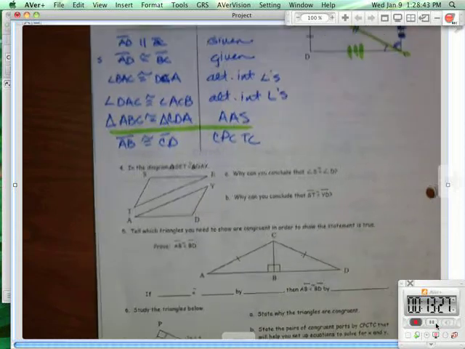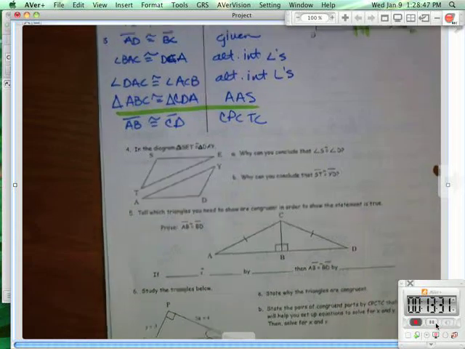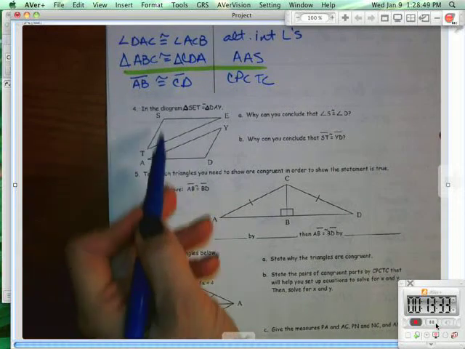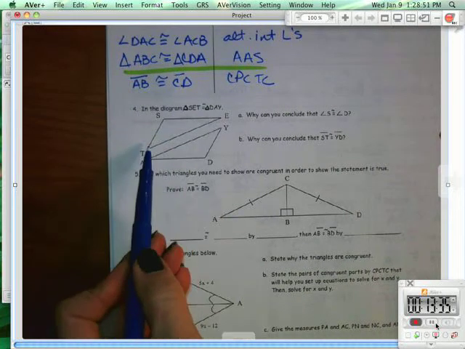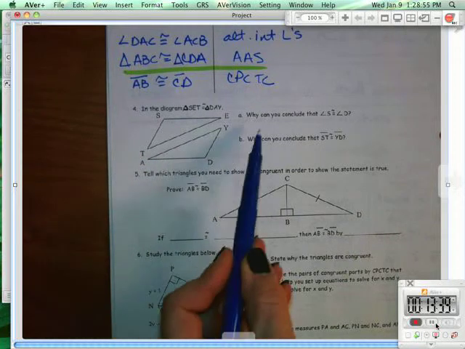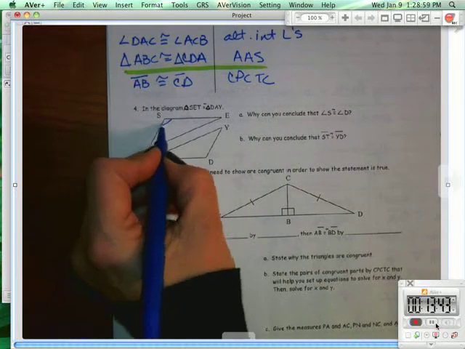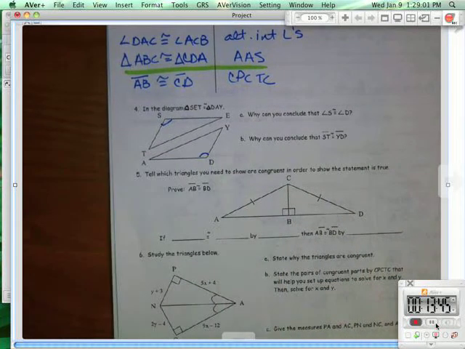Okay. So the rest of this is pretty short. In this diagram right here, SET is congruent to DAY. Why can we conclude then that angle S is congruent to angle D? Because of what?